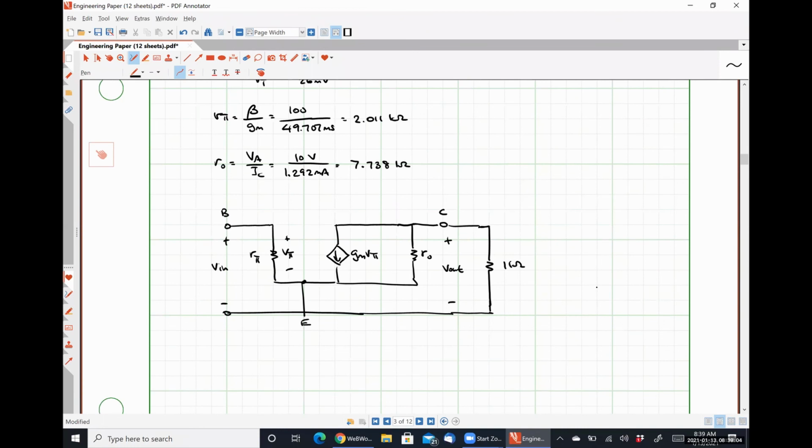Any thoughts? So yes, V in is exactly equal to V pi.